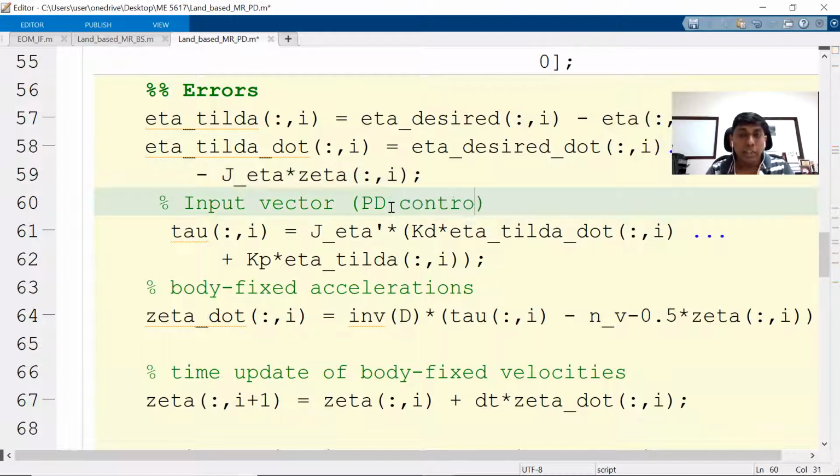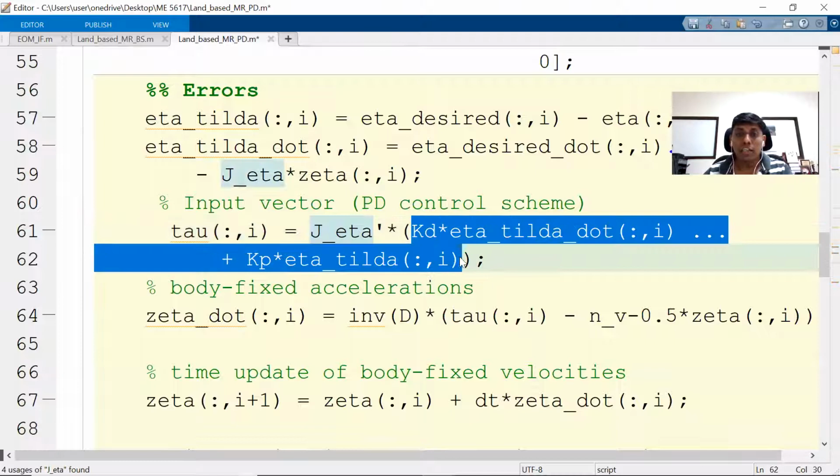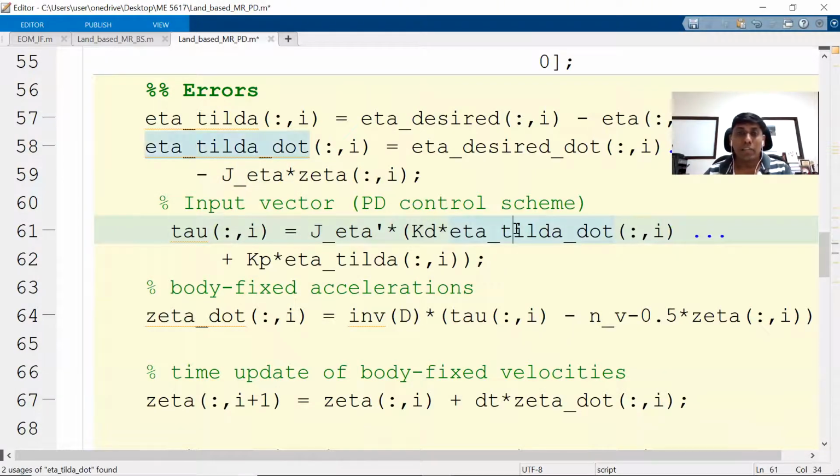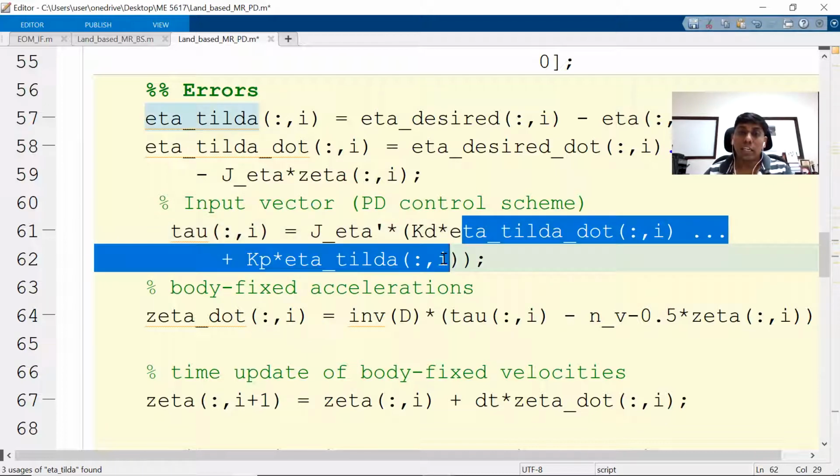So how is the PD control law or scheme generated? You know this is in a different frame, so first we will write it. This is the PD: the derivative gain into the velocity error, and the proportional gain into the position error. So this is in the inertial frame.